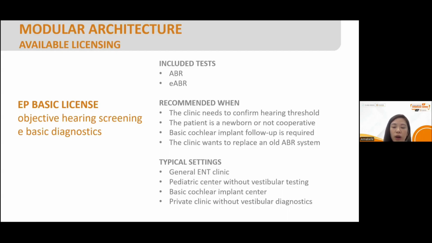Okay. So if they have an old ABR system and want to replace it with a new one to keep up the level of the ABR, then we suggest the EP basic license.